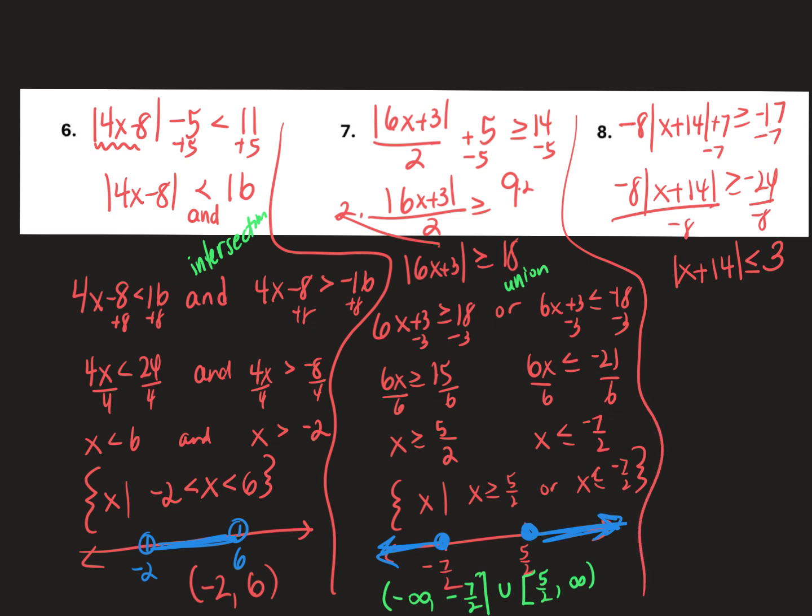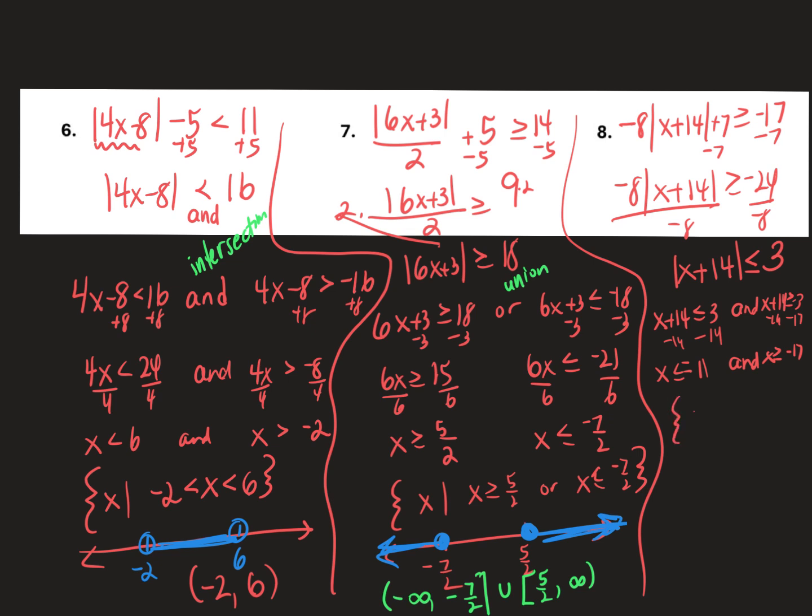Write my two equations. X plus 14 is less than or equal to 3, and x plus 14 is greater than or equal to negative 3. Solve. X is less than or equal to negative 11, and x is greater than or equal to negative 17.